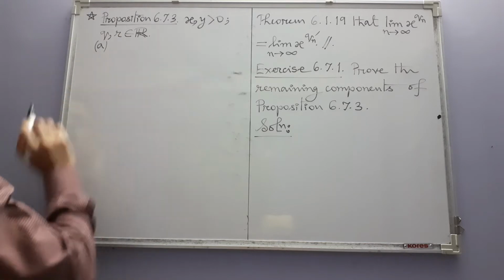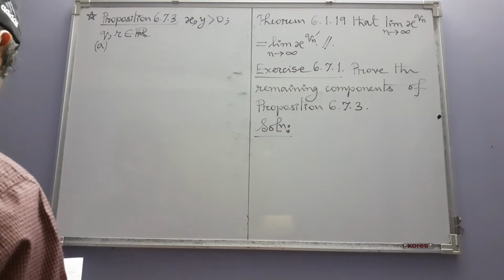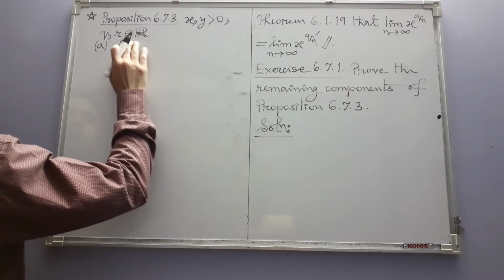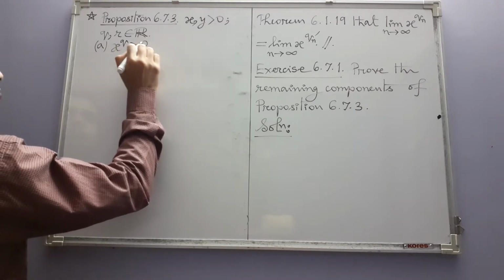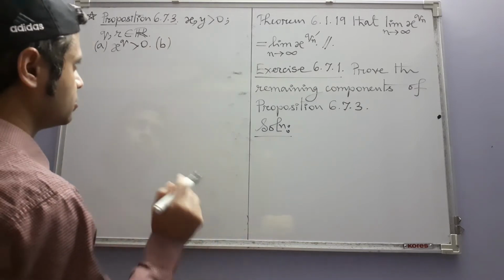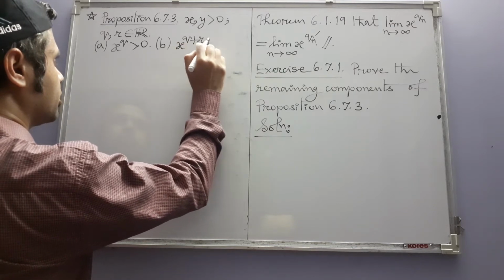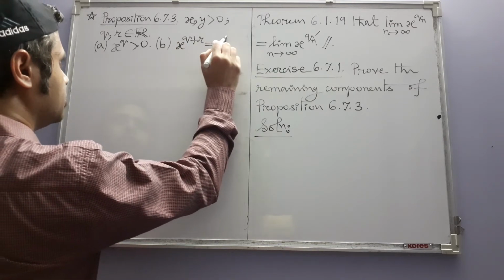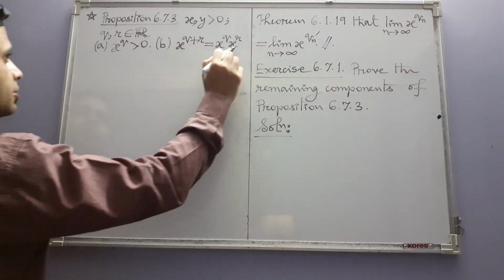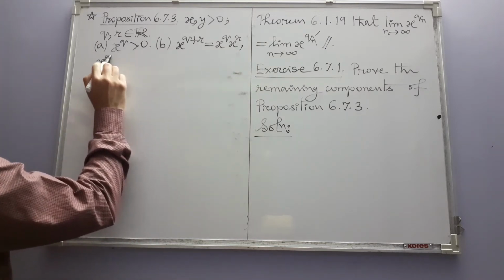Part A says that any power of x, x to the power q, is positive. Part B, of course, is those familiar rules of exponents. There are two of them, of which we have already proved one in the text. This is the one we have already proved in the text, and there is this other one.